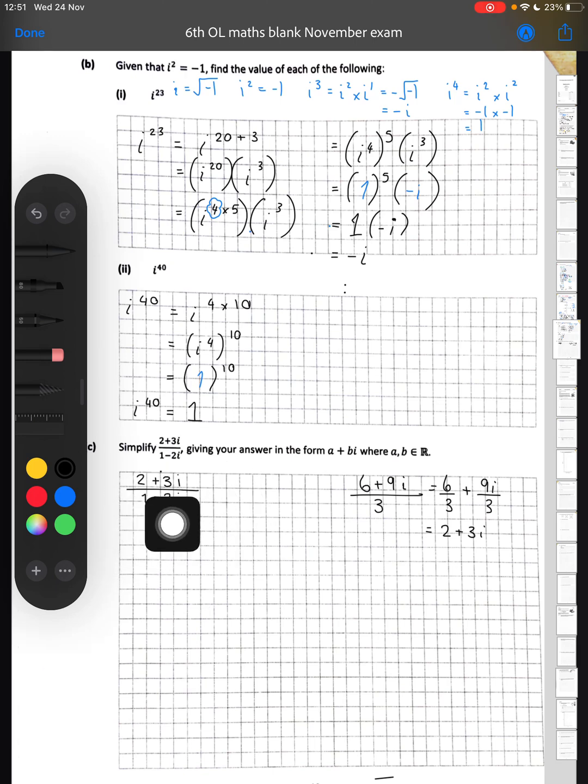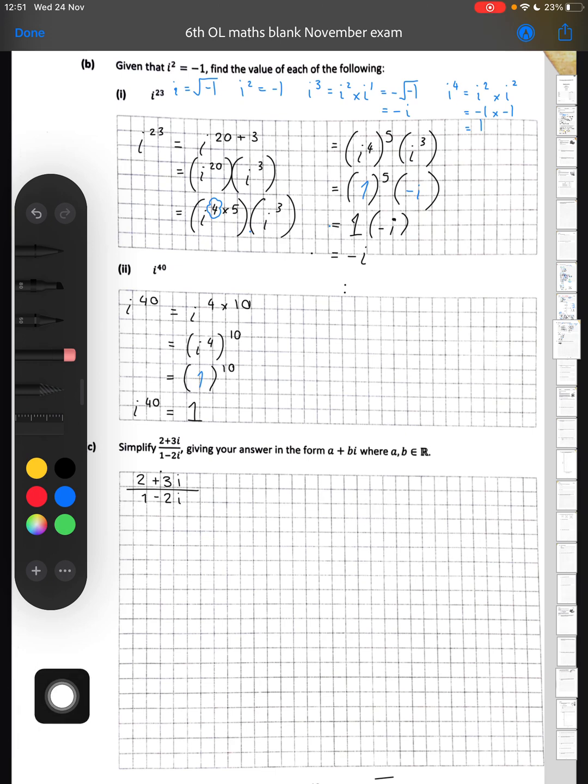Here it's not so easy, because the bottom, the denominator, contains an imaginary part. So how do I get a complex number to end up being a real number? So if it was a real number, for example here I just had 3 without the imaginary part, how could I get that here being a real number?